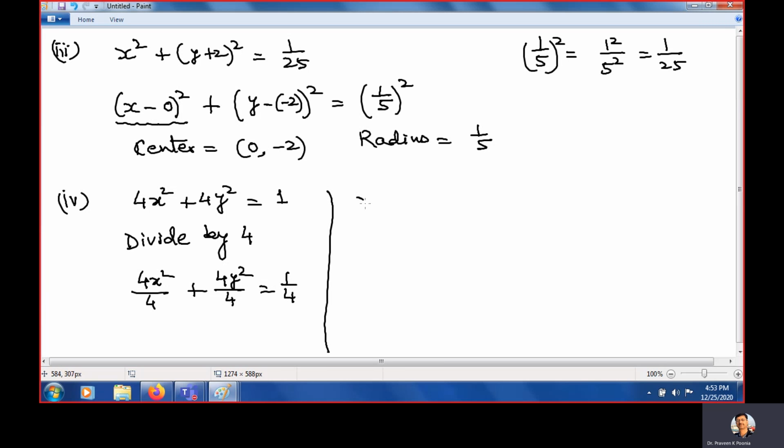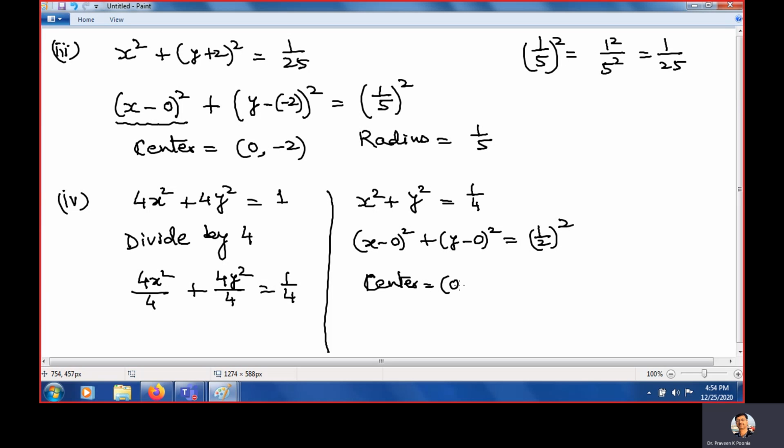And this 4 cancelled by 4, and this is 1 upon 4. This may be written as (x minus 0) power 2 plus (y minus 0) power 2 is equal to 1 upon 4, which means (1 upon 2) power 2. Clear? So what is the center? Center is 0 comma 0. And what is the radius? Radius is 1 upon 2.